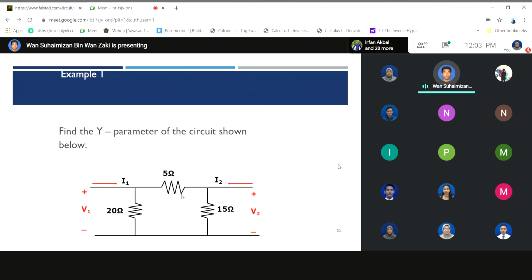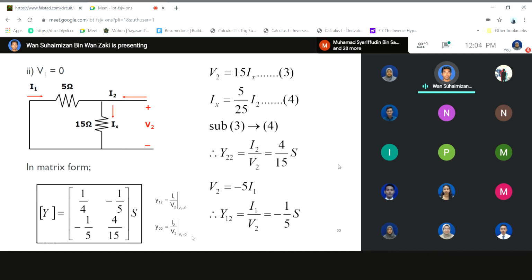If you go to the original circuit and do the short circuit here, it bypasses the 20 ohm, right? If you do short circuit here, it bypasses the 15 ohm. Dia bypass kat sini lah sebab V2 dah short V1, so it bypasses 20 ohm because this one is a short circuit.